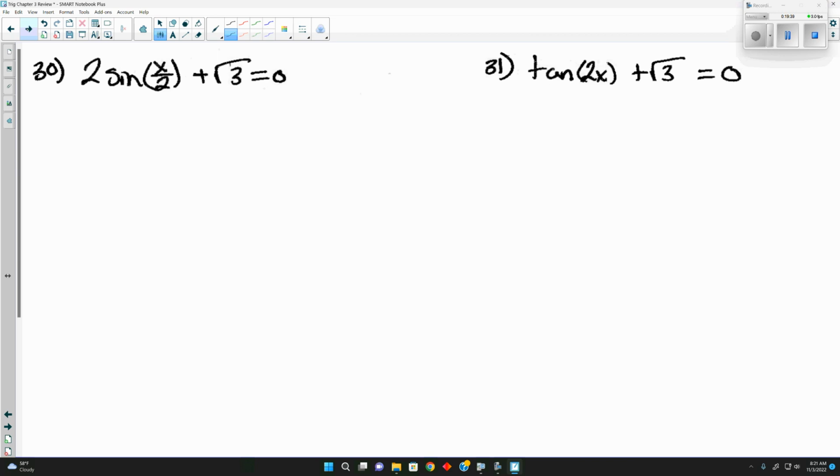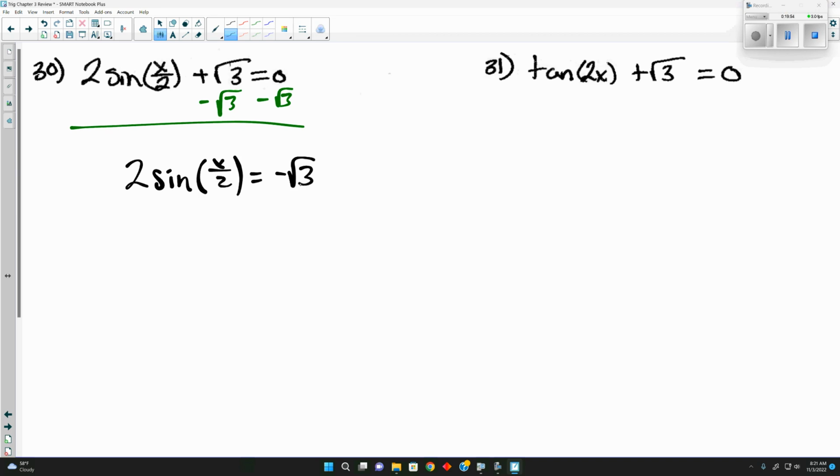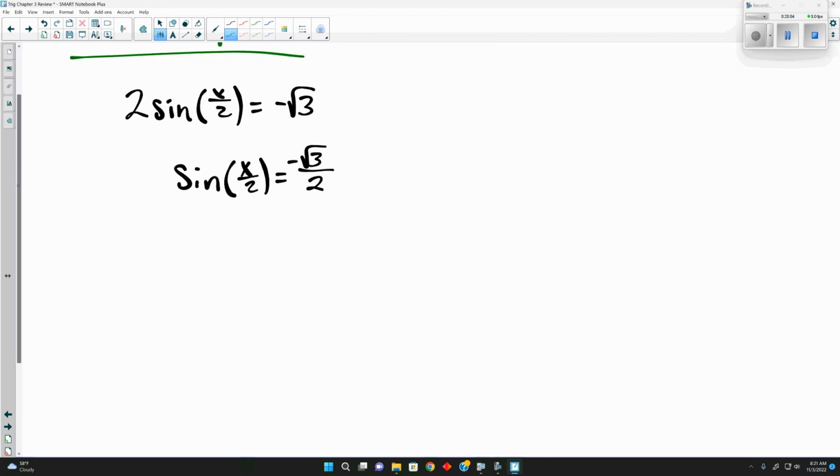30. So we have 2 sine of x over 2 plus the square root of 3. Well, we can really get this by itself. So we can subtract the square root of 3 from both sides. And then we would divide by 2. Also, we have negative square root of 3 over 2.